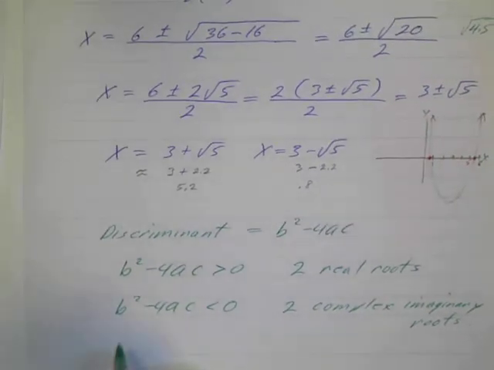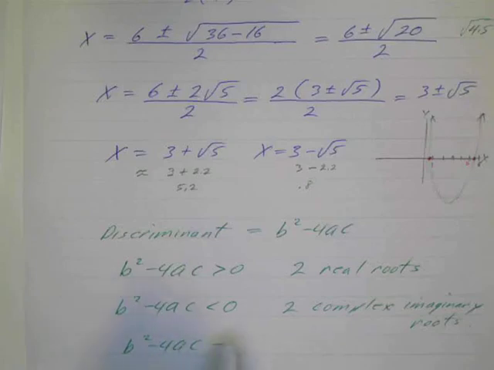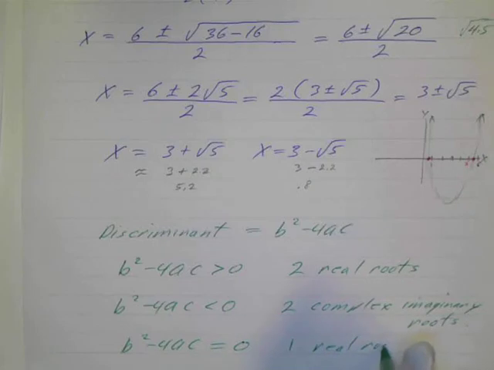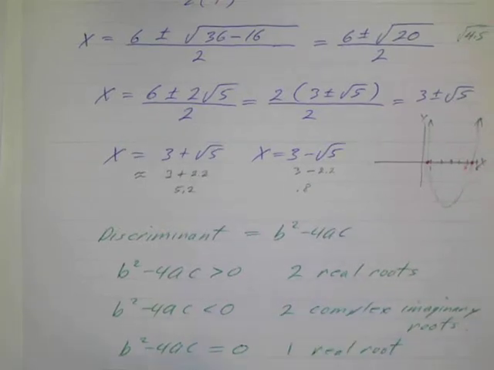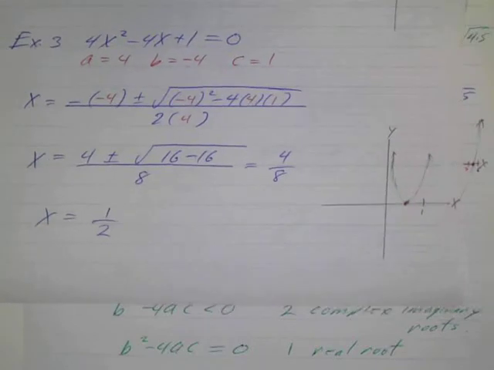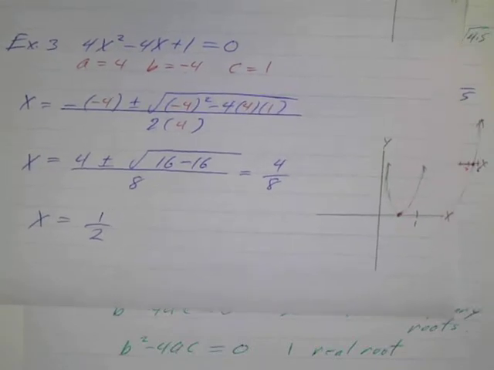And then what happens if that's 0? Then we have 1 real root. That was our last example, where x was equal to 1/2. So we have 1 real root.